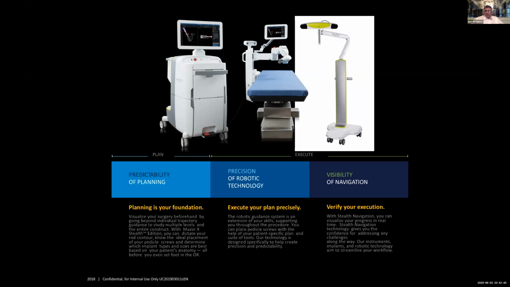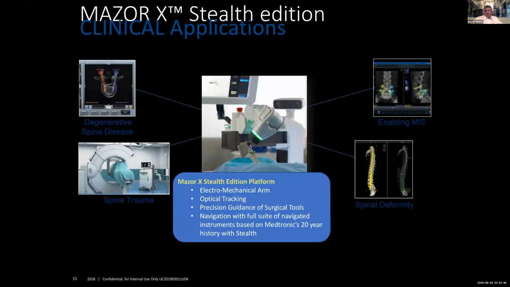And with navigation, which is just a new tool, you can verify what work you've done. So just that the technology, I put basic slides for people that are not exposed to robots, because when I didn't know what the robot is, I had no idea.